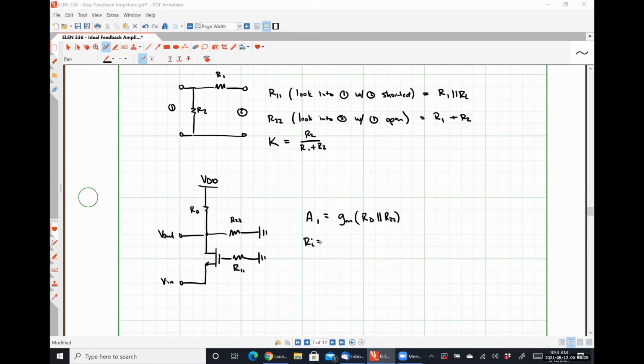Why is R11 at the gate and not the input at the source? So our feedback network wasn't connected directly to the source. It was connected to the gate. This is different than if we were looking at an op amp where the feedback is tied directly to that input terminal. We are considering the feedback to just be some mechanism that will allow us to add or subtract a voltage to our input voltage, right?